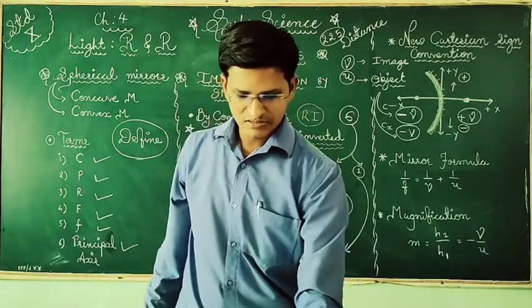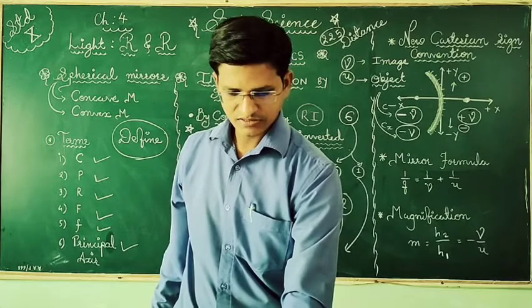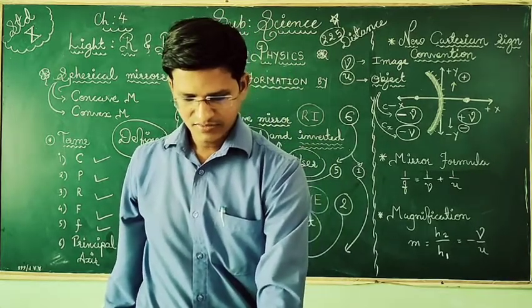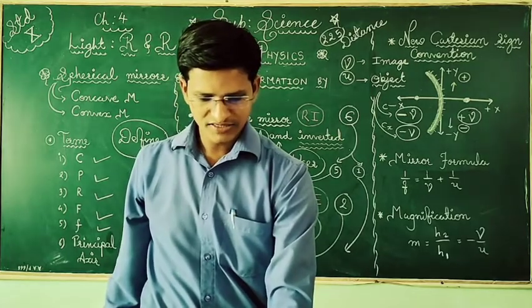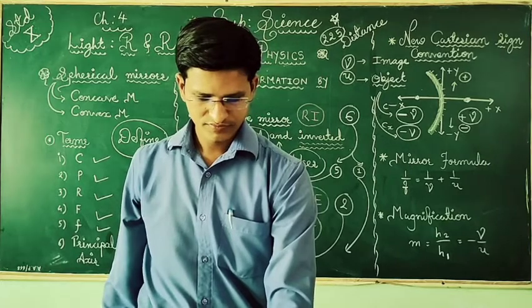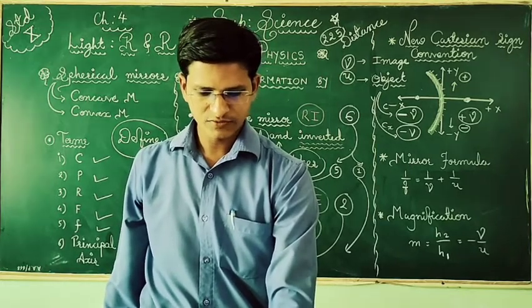Then image distance v can be negative or positive. Here we can say that v is negative for a real image, and positive for a virtual image.